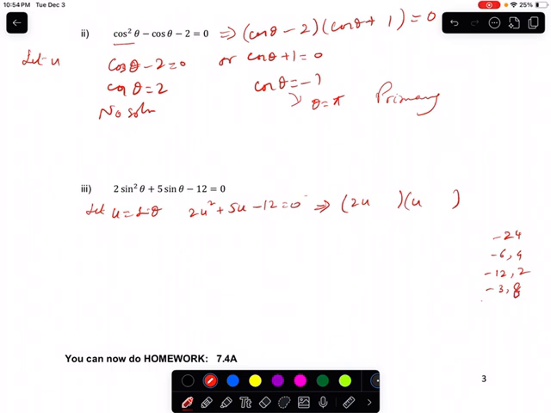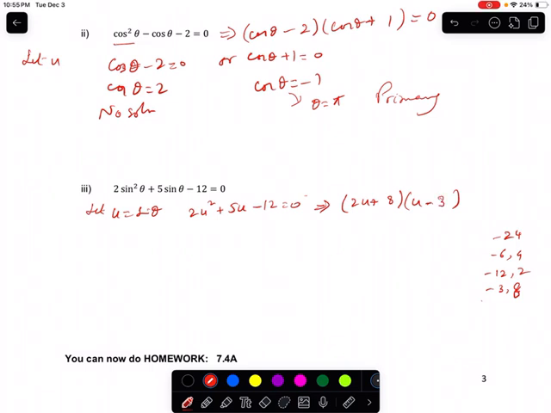So 2u, so if I put this, this should work, is equal to 0.